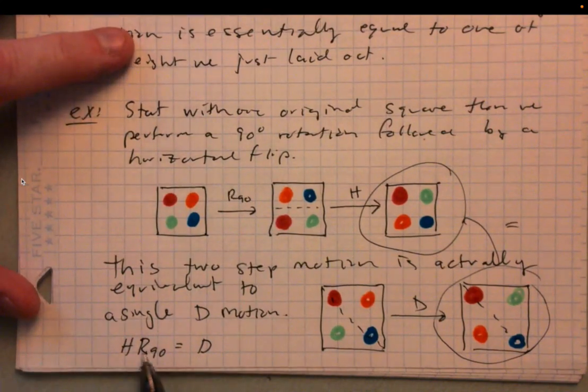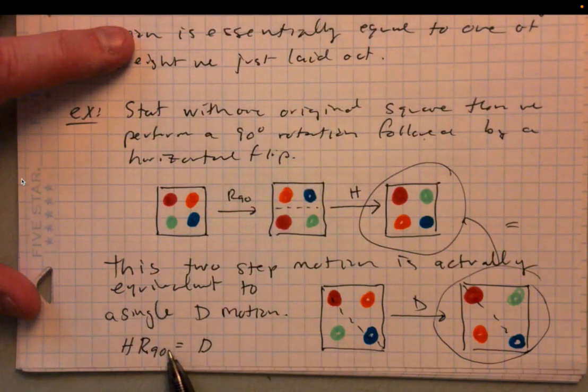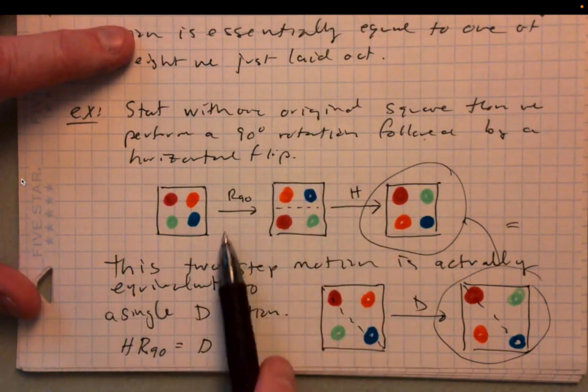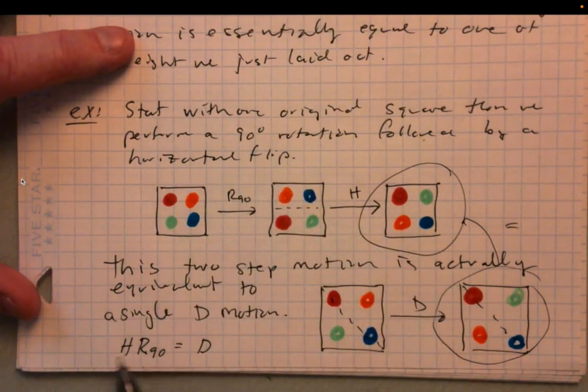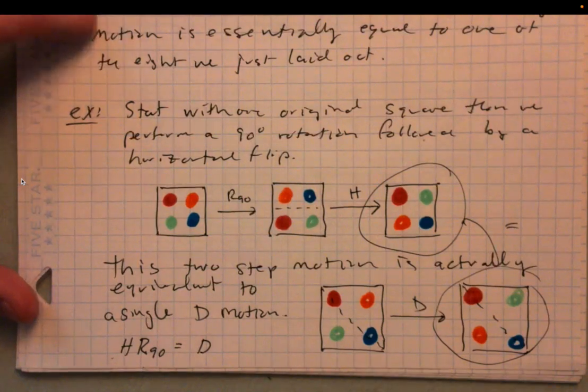And the order here, I think of it almost like a function, right? The argument would be on this side, so what you want to happen first needs to be on the right hand side. So the R90 comes first, and then we do the H. That's kind of the reverse of the way you would write it if we were drawing the arrows here, but R90 followed by an H equals a D. And that's what we can see there.